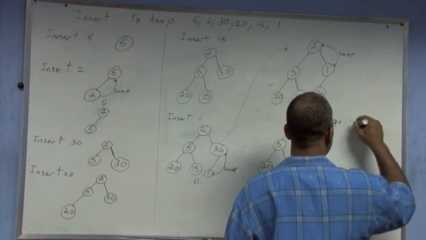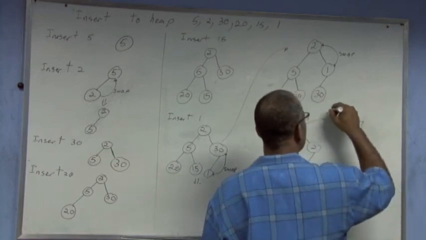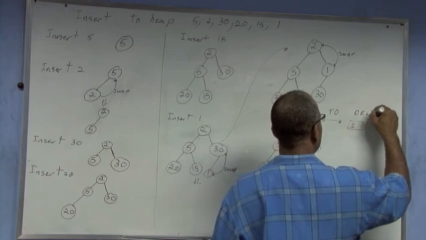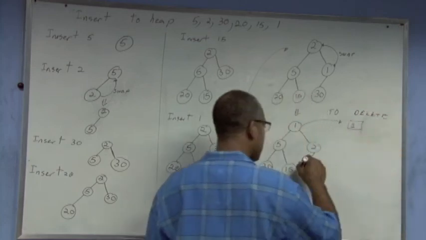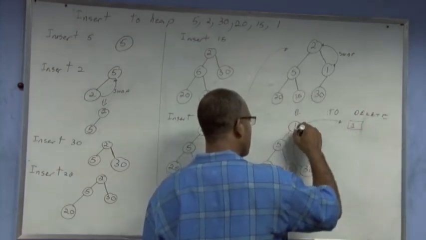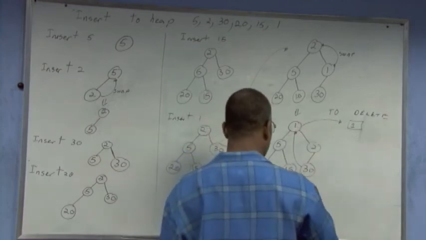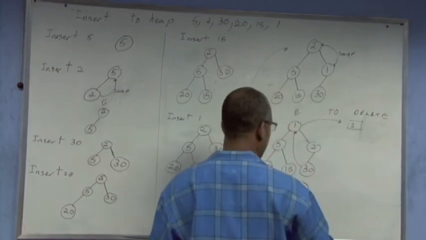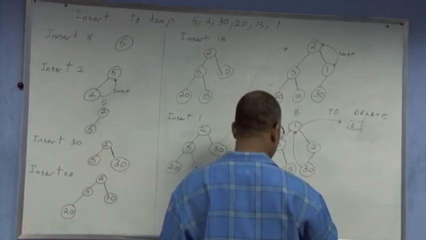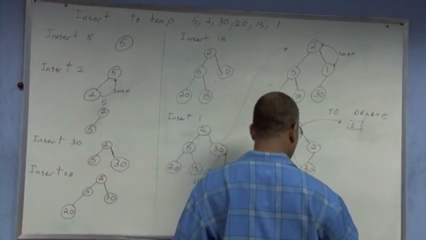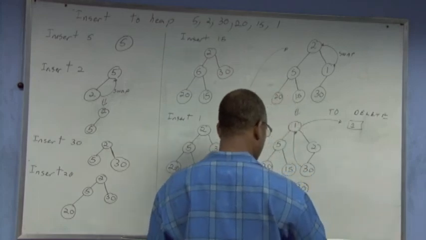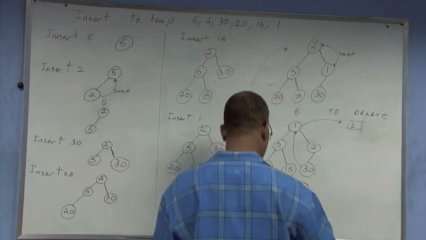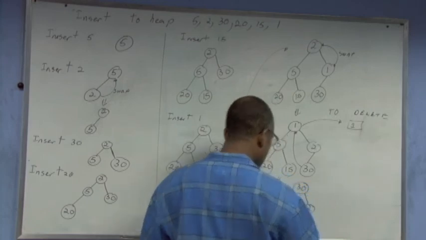maybe to some box. Then you copy this value to the root. So we end up with 30, and 5, then 2, then 20, then 15.